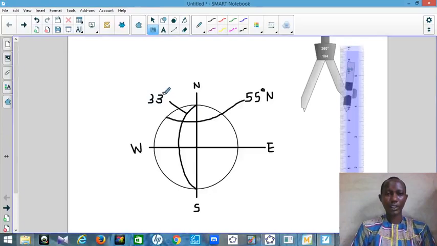33 degrees west. And the other one is 20 degree east. So towards east, you draw a line like this. Also label it, it's very important. 20 degrees east.